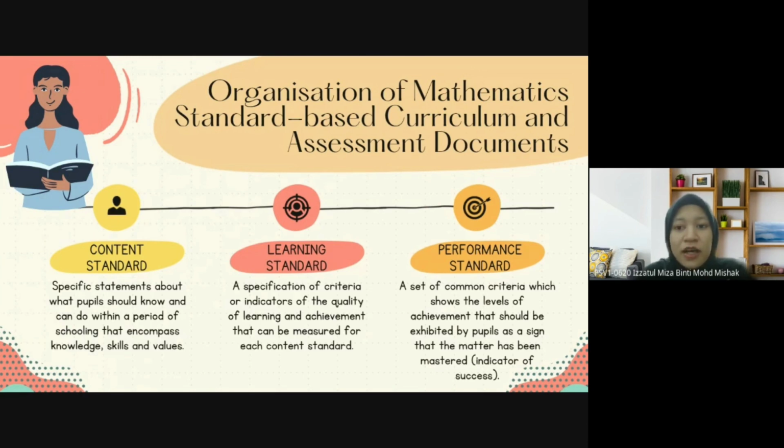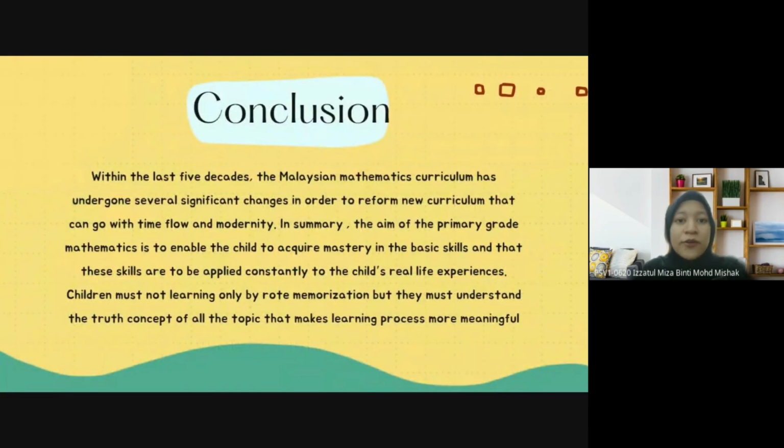So this assessment document or standard-based curriculum has been designed in the primary school mathematics curriculum to make sure that teachers can assess their students effectively. I think that's all for our presentation about the primary school mathematics curriculum design. So that I conclude our presentation today.